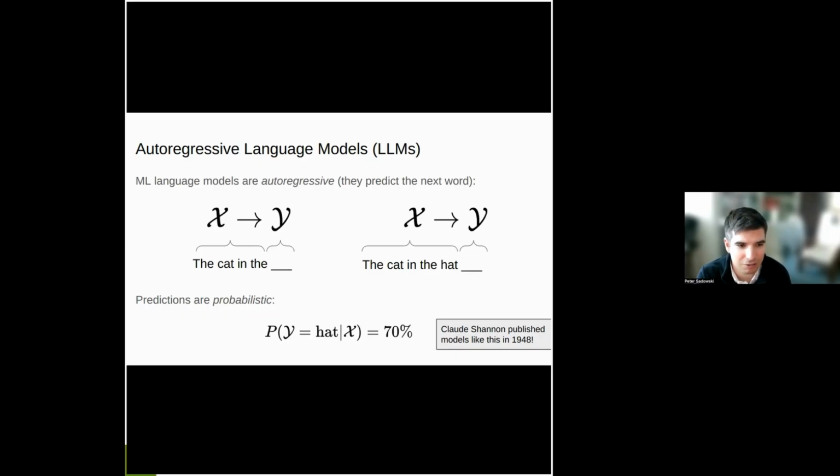And from that sequence, you can learn to predict what the next word is going to be. And that's how these language models work. If you type in a prompt, it takes that prompt and predicts what the next word is going to be, and it does that iteratively to generate a response.